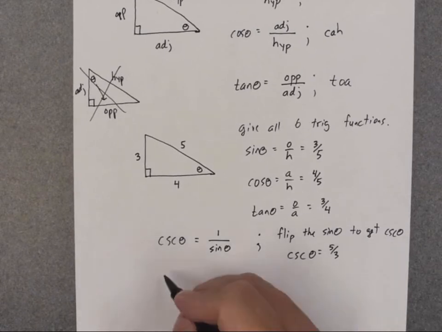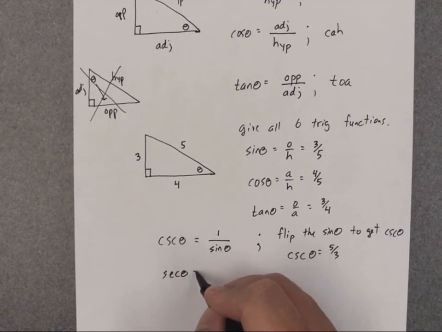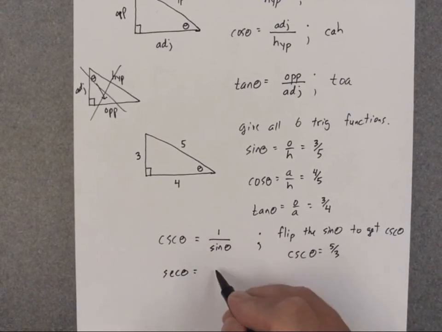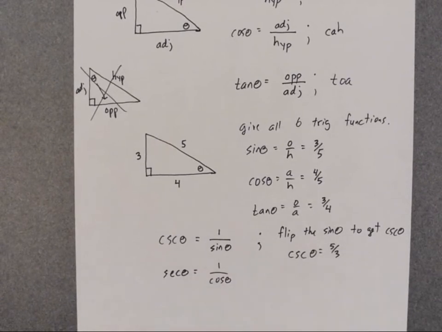Now, in the same way, let's look at the secant of theta. Turns out the secant of theta is the inverse of the cosine of theta. So the same principle, the same relationship applies between the secant and the cosine.